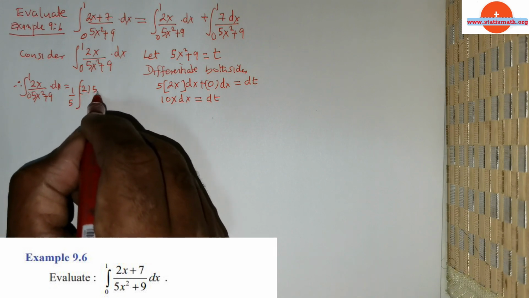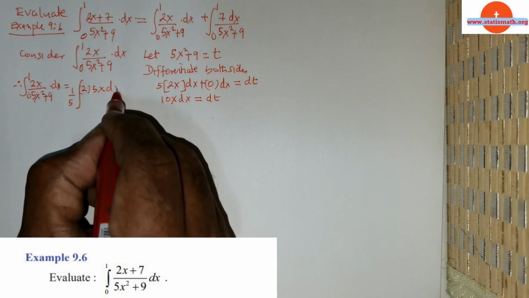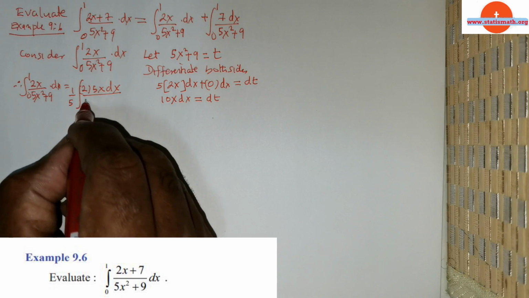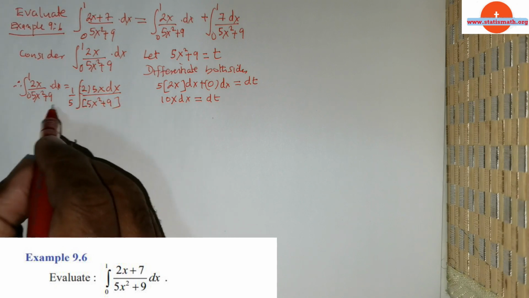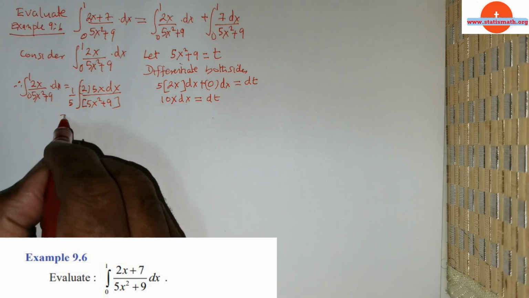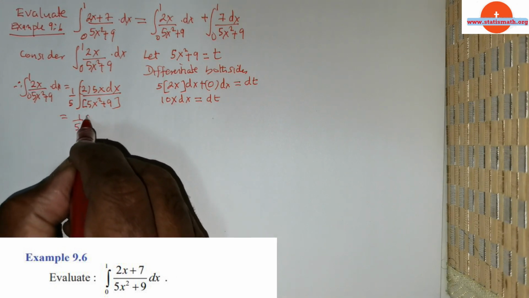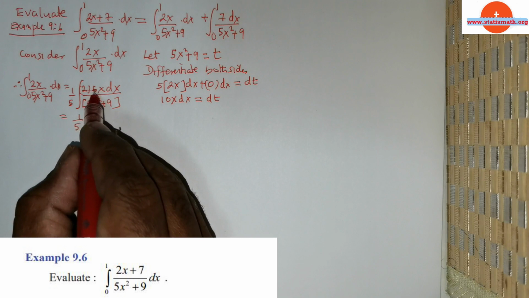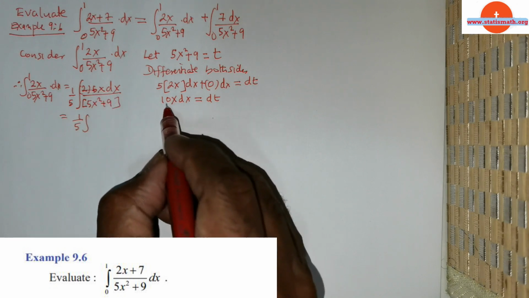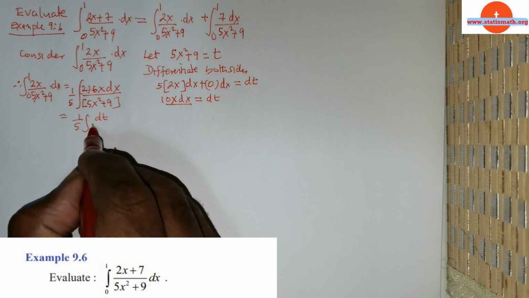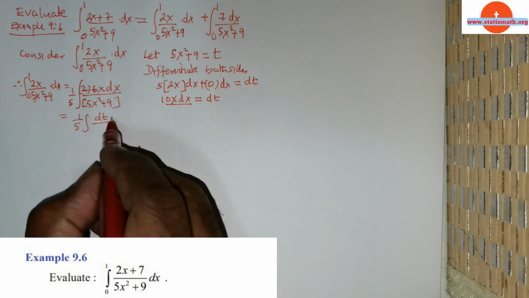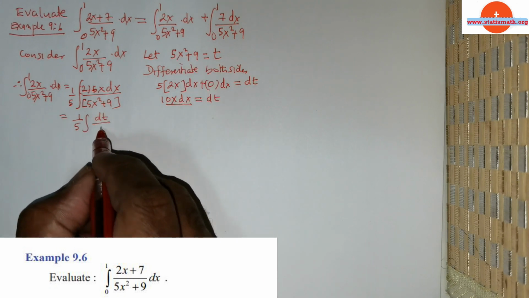Now I would have 10 in the numerator, and of course the denominator is 5x² + 9, and you've got a 5 there. So this is rewritten as 1 over 5 times the integral of 10x dx, since 2 times 5 gives you 10x dx. Now 10x dx can be replaced with dt, and 5x² + 9 is taken to be t.